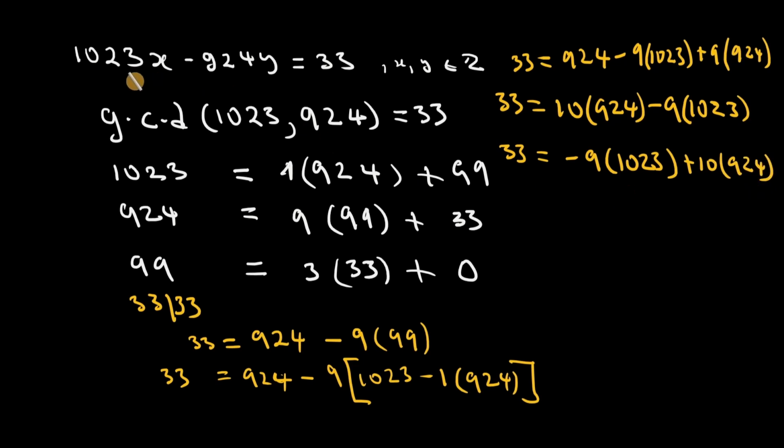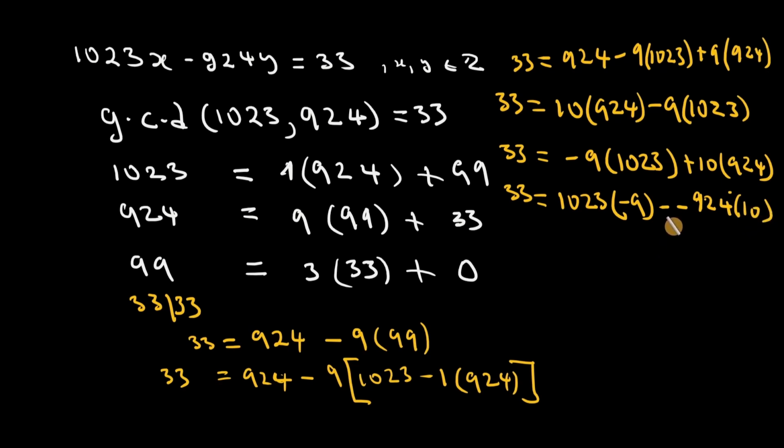You know, 1023 was the first term, and x was attached to 1023, so here is minus 9. So I arrange it so that 1023 is in front and minus 9 is behind. So I have 33 is equal to 1023 into minus 9, and here I have plus, so it's the same as minus minus, because minus minus is plus, into 924 into 10.